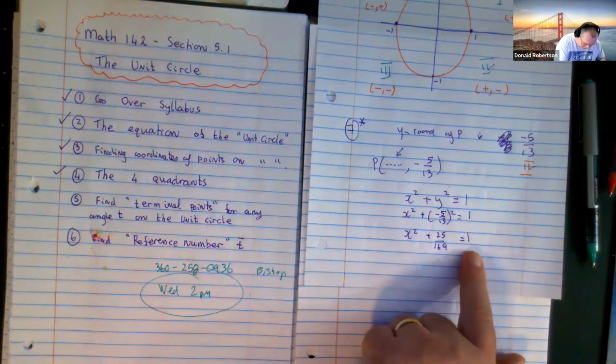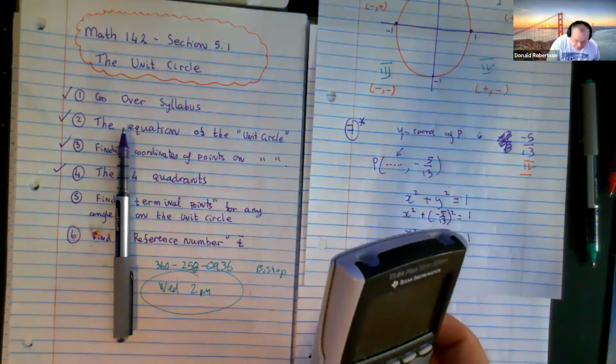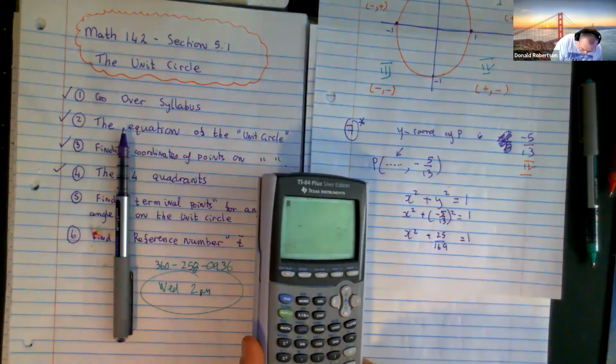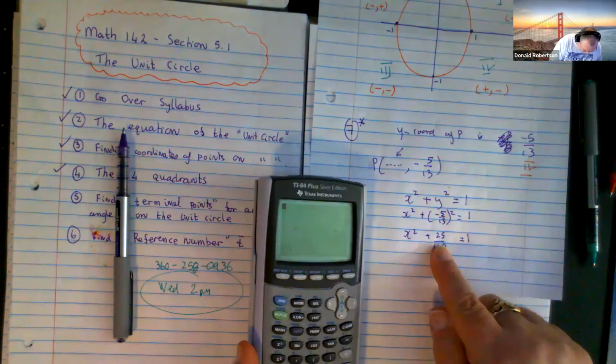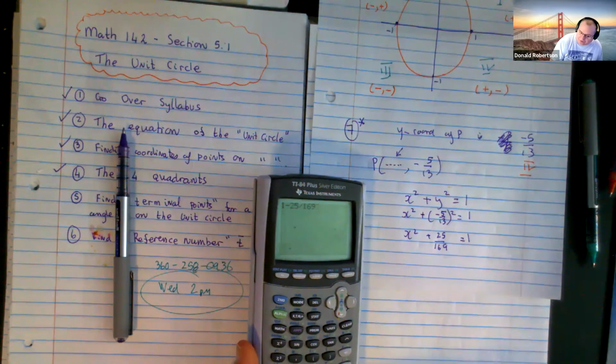Now, if you have problems with fractions, because sometimes the fractions are so big and messy, it's hard to keep track of them. If you take 1 and subtract 25/169, you see I'm just typing it in as a calculation. Now, when I hit enter, a decimal's going to appear. Don't worry, we can fix it.